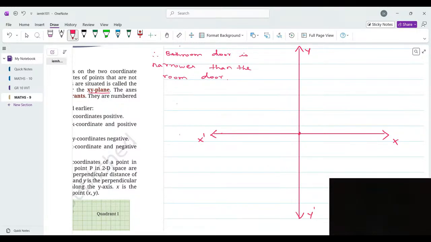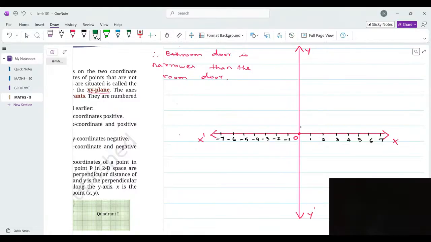Both axes intersect at the origin 0. Marking 1, 2, 3, 4, 5, 6, 7. All the values on the right side are positive values of x, and the left side has negative values of x: minus 1, minus 2, minus 3, minus 4, minus 5, minus 6, minus 7.